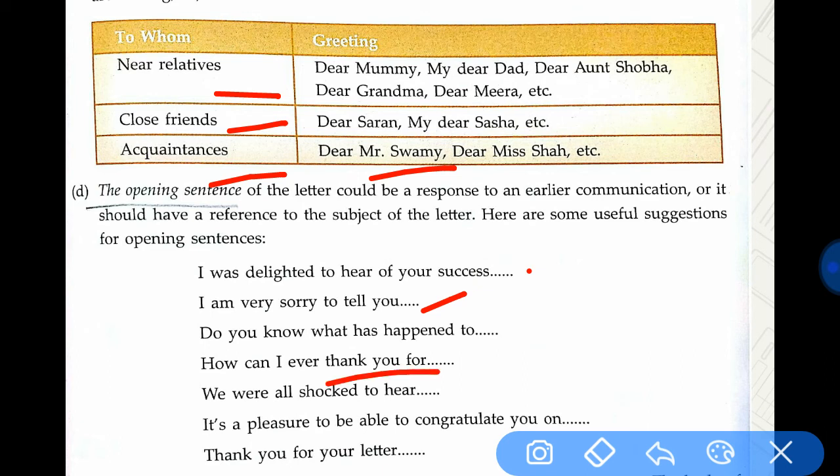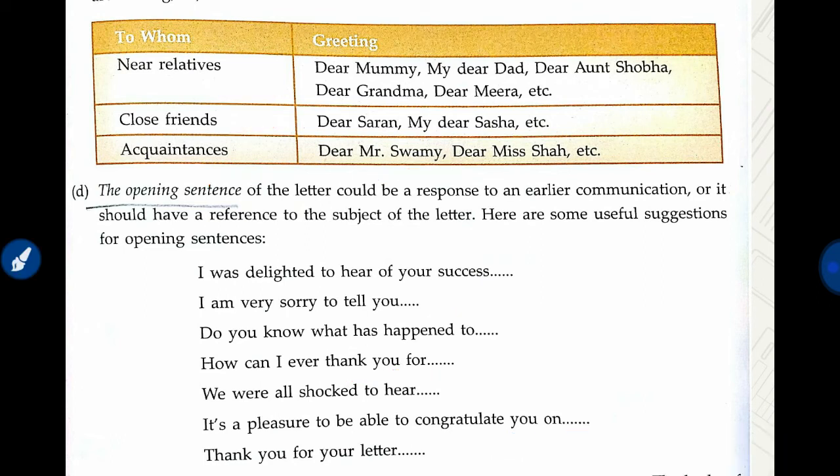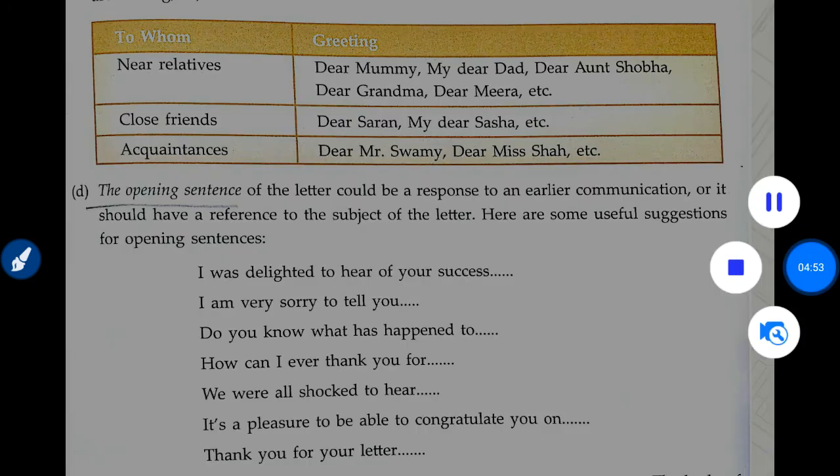That means it is a thanking letter. So from your first sentence, we come to know what kind of a letter you are writing and to whom you are writing. Therefore, when you write the opening sentence, you must be very careful to understand the question and accordingly frame your sentence. So this is how you begin your letter, and you have to take care in the opening sentence.